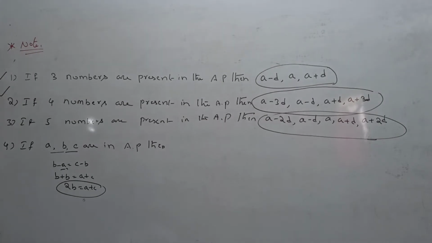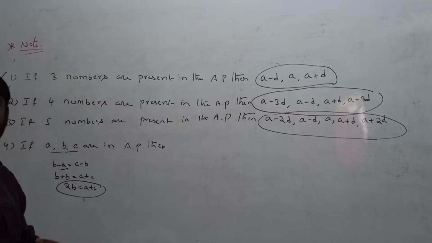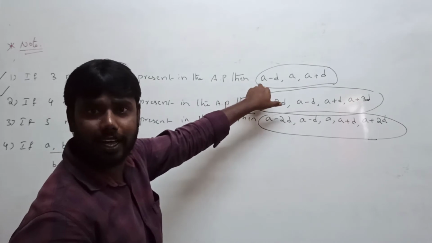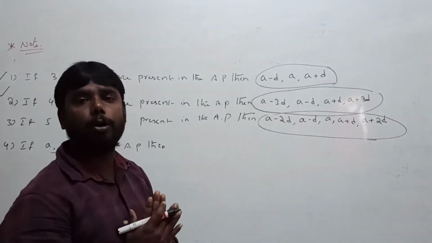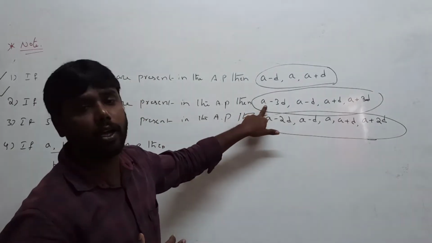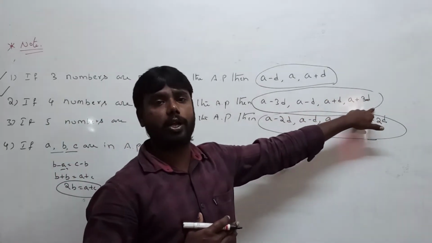Very important note points. Definitely depending upon this point, one question will be asked. Three numbers are present in the arithmetic progression, we are assuming three numbers are a minus d, a, a plus d. Four numbers are present in the arithmetic progression, we are assuming four numbers are a minus 3d, a minus d, a plus d, a plus 3d.